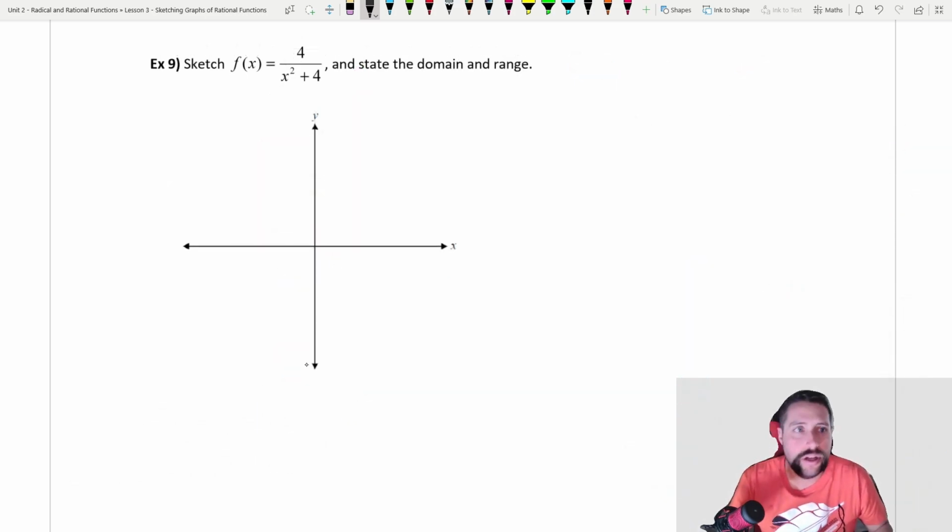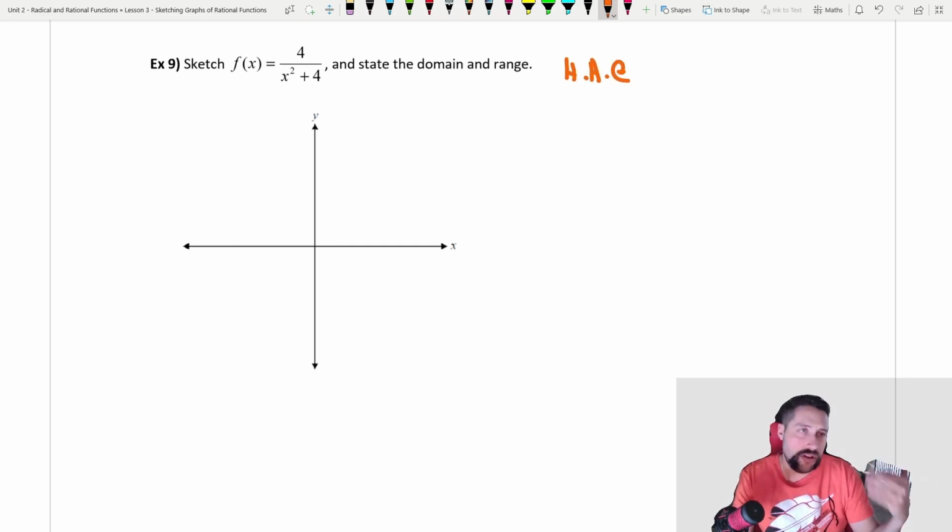Last example. Sketch f of x is equal to 4 over x squared plus 4 and state the domain and range. So what we'll do for this one is we will figure out the horizontal asymptote to start. Since the degree is higher in the denominator than it is in the numerator, it's going to be y is equal to 0.